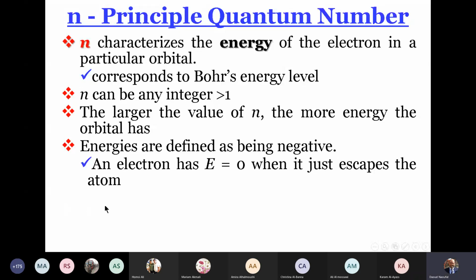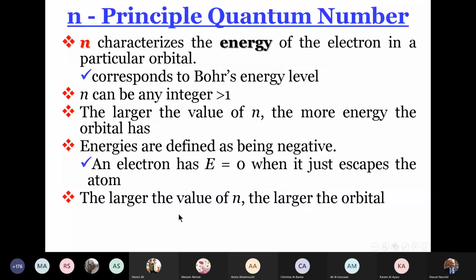The energies are defined as negative, as the electron has energy equal to 0 at N equal infinity, so it just escapes from the atom. The larger the value of N, the larger the orbital.